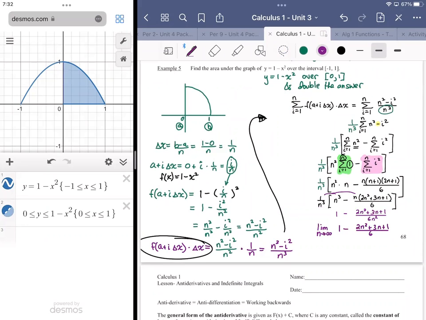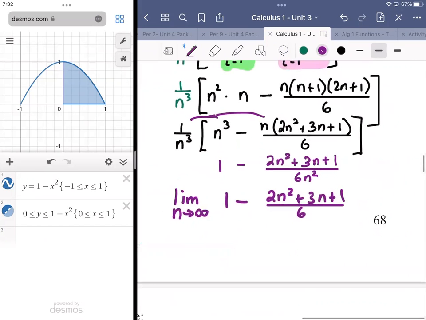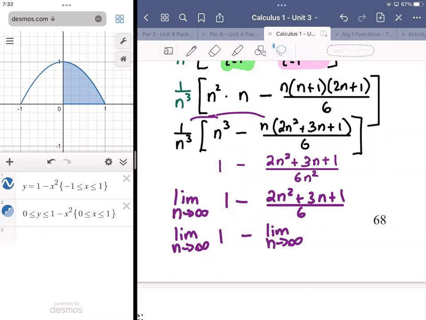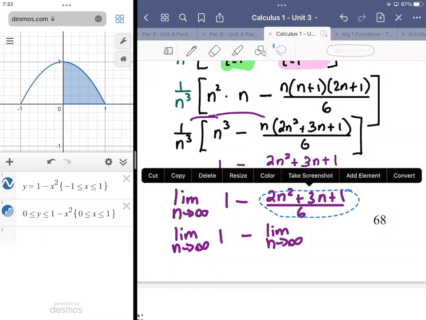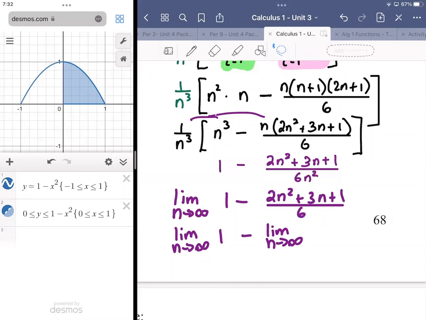All right, so we can break up our limit. The limit of a constant is a constant, but the limit as n approaches infinity of 1 minus the limit as n approaches infinity of all of this would be the equivalent expression.